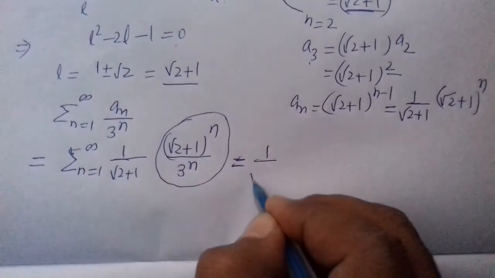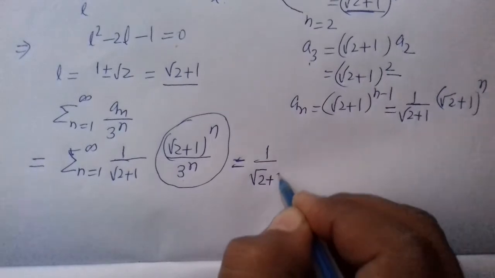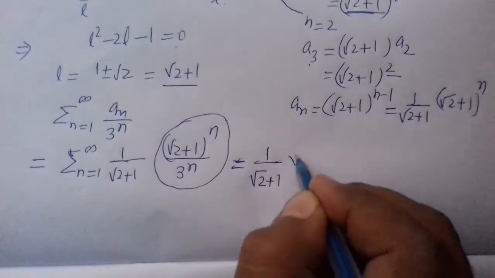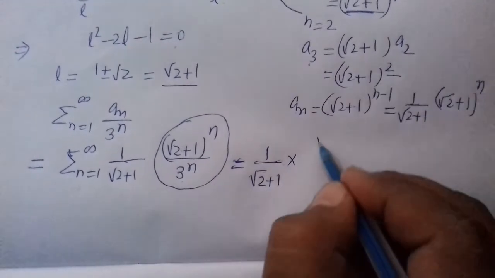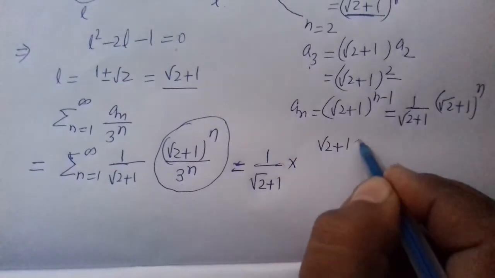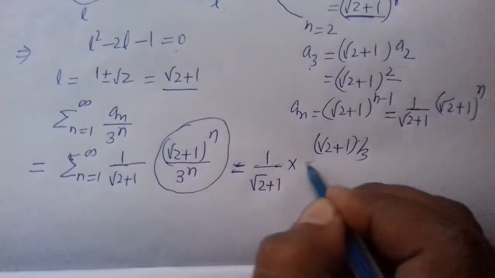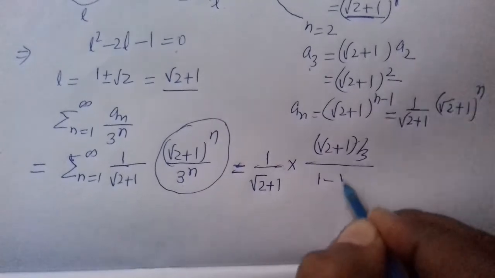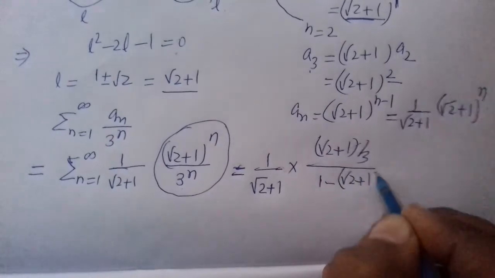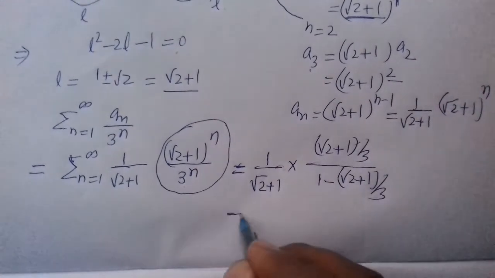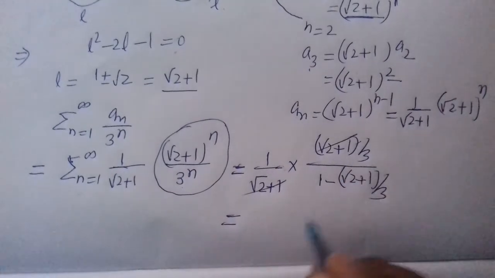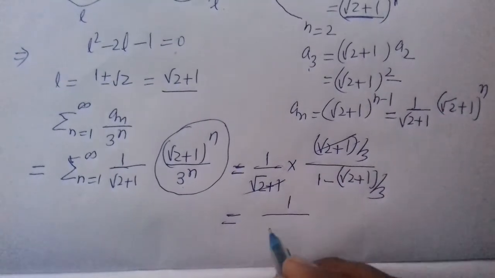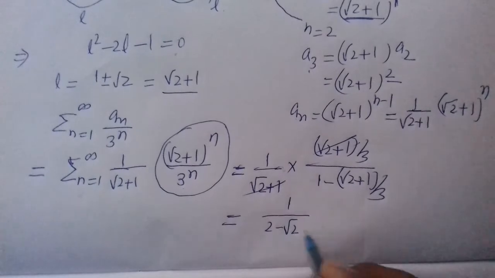the sum to infinity for a geometric series, and for this series the first term is (root 2 plus 1) by 3, and the common ratio is the same, (root 2 plus 1) by 3, and simplification of this will give us 2 minus root 2.